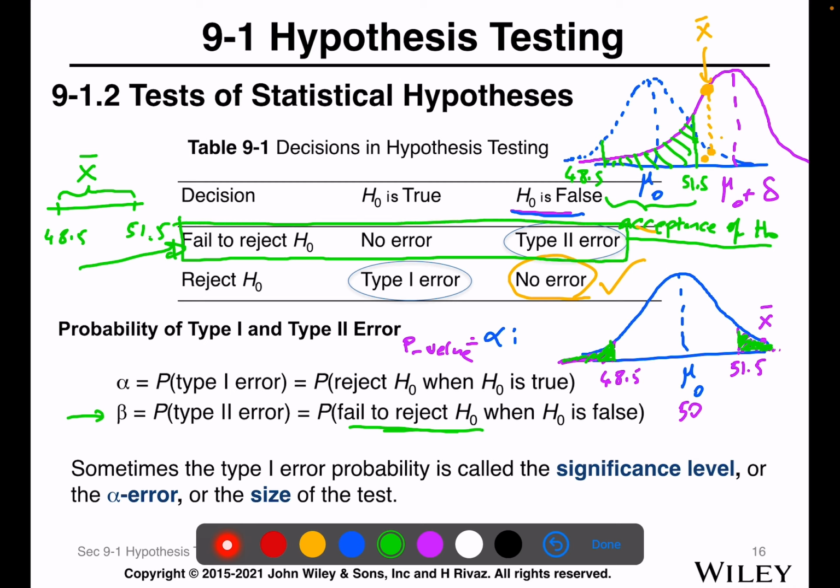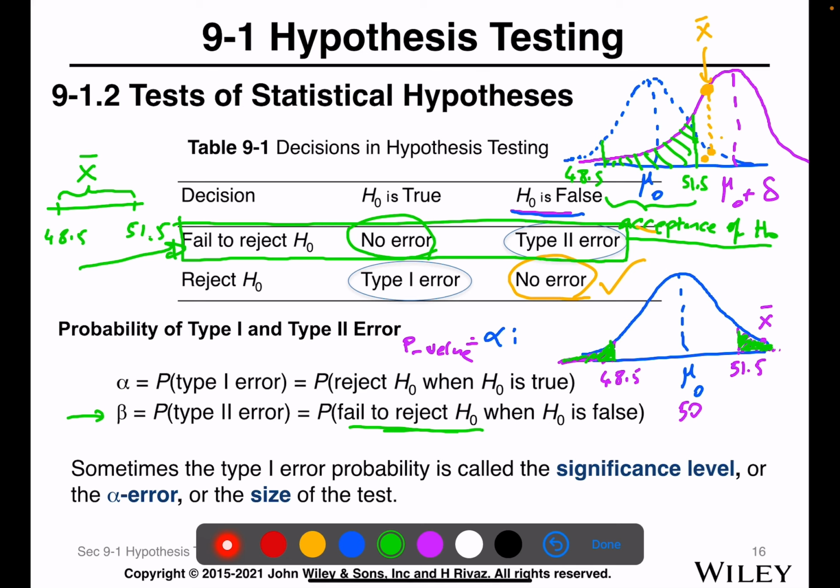Why do I say fail to reject instead of saying that H0 is true? The reason is that if I fail to reject H0, I don't know whether I failed to reject it because H0 is true or because I made a mistake and didn't reject it, right? So that's why we say we failed to reject it. We don't say H0 is true, right? So I will repeat again.